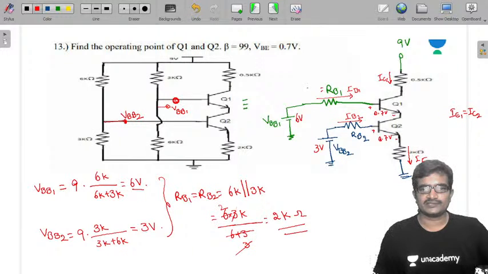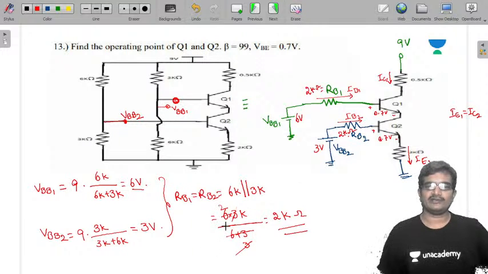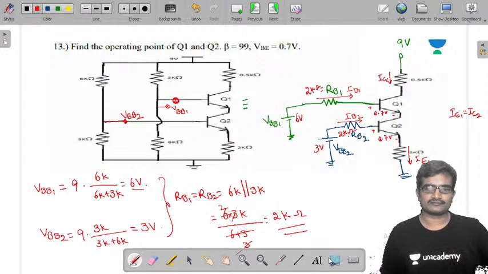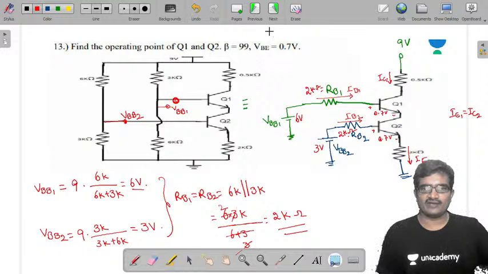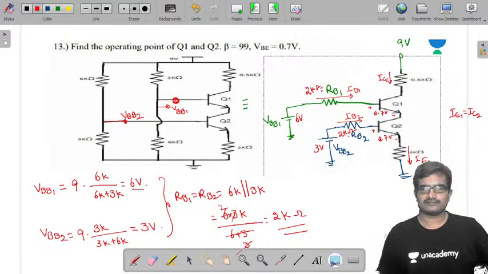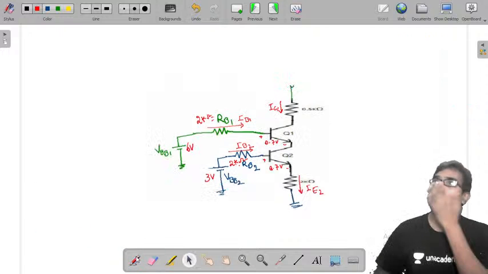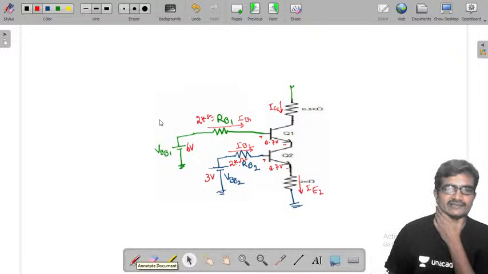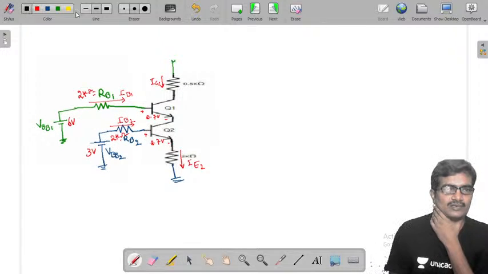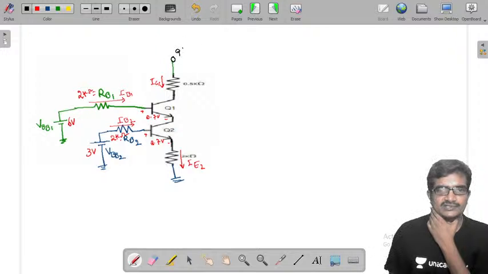So VBB2 is 3 volts, VBB1 is 6 volts, and RB2 is 2 kilo ohms, RB1 is also 2 kilo ohms. Now I am copying the circuit that we have. Now this is going to be 9 volts.